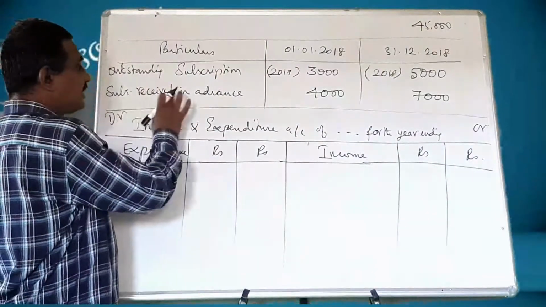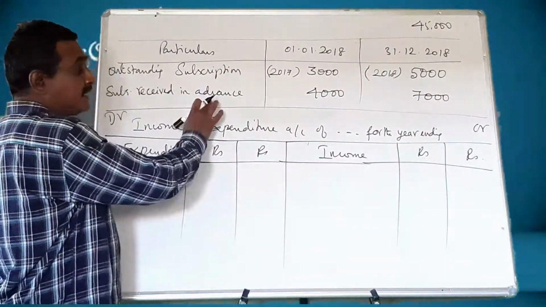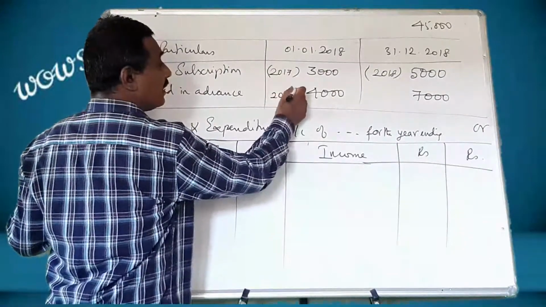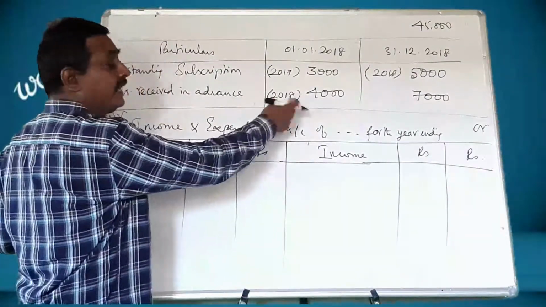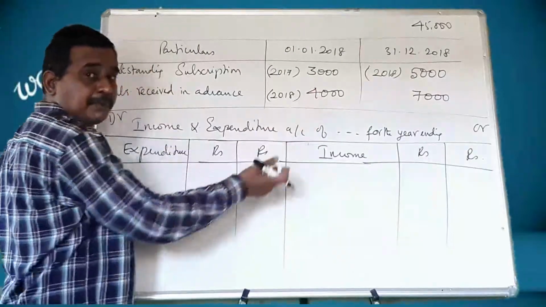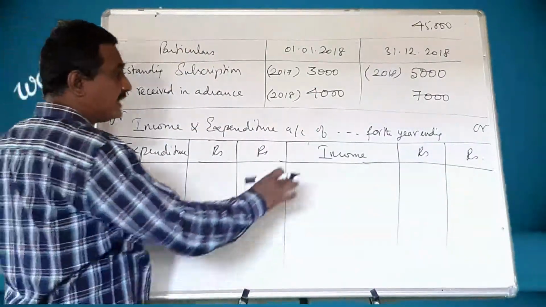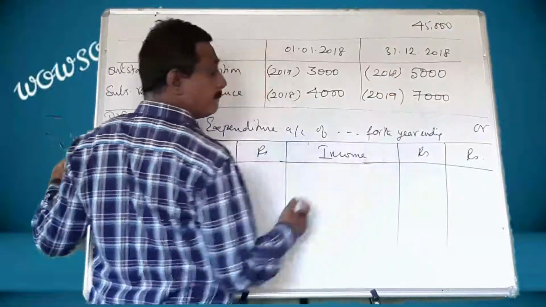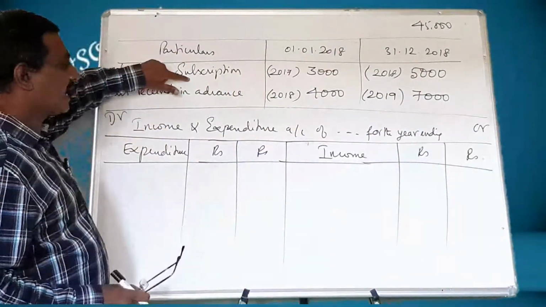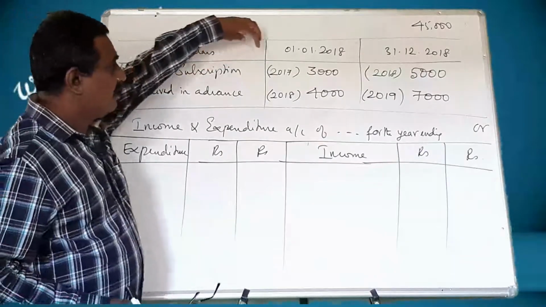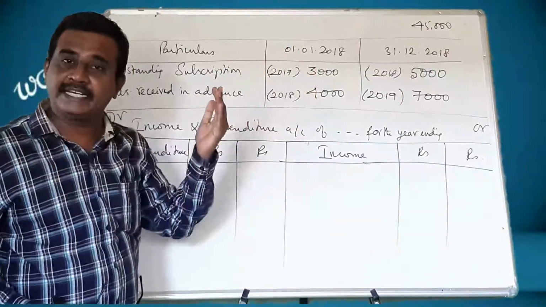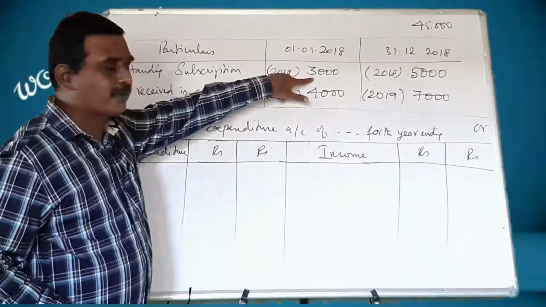Subscription received in advance means this is meant for 2019, while for 2018 we have received 4,000 rupees well in advance. Outstanding subscription means for 2017 they had to collect 3,000 rupees but did not collect it.